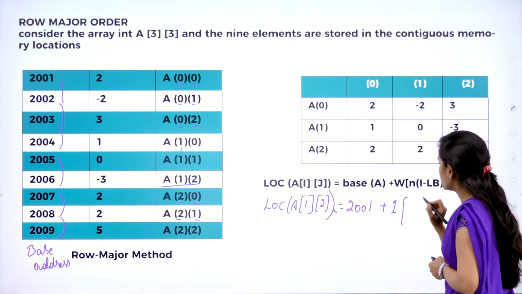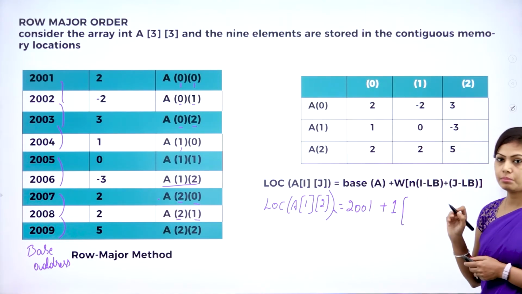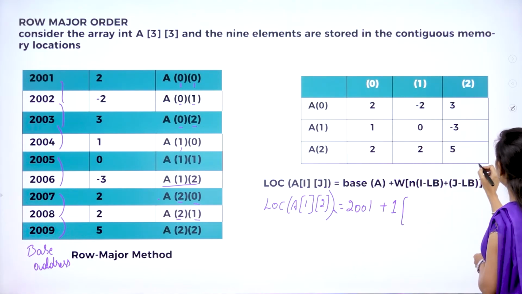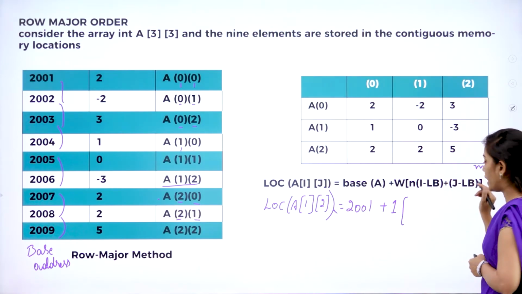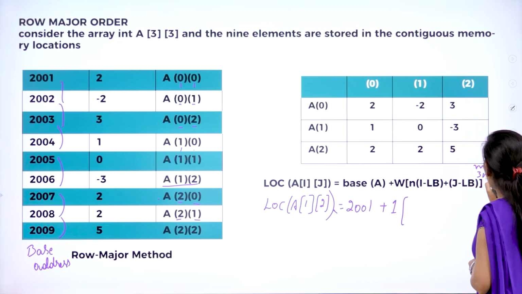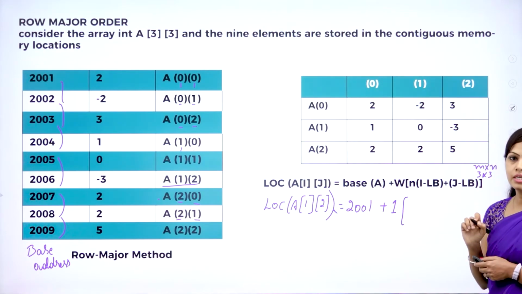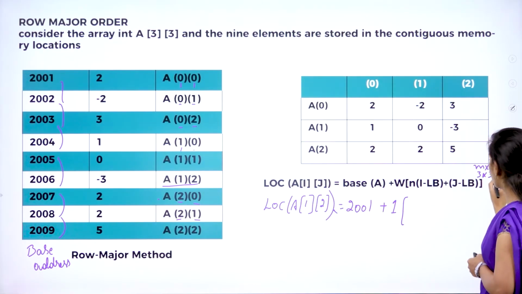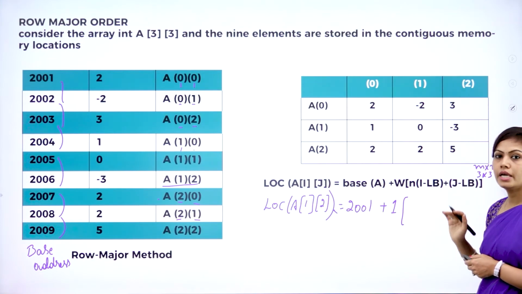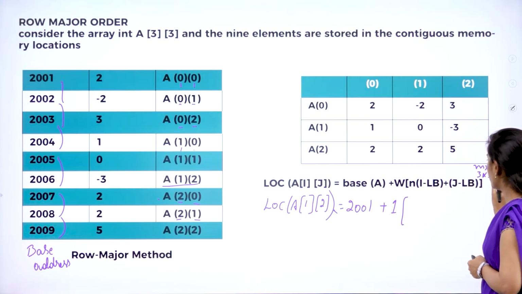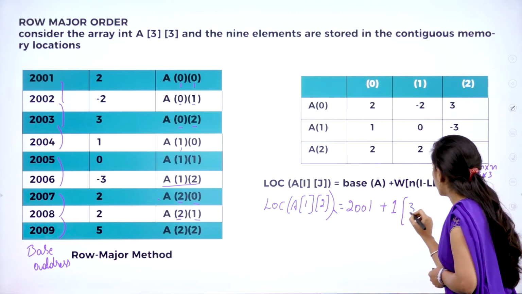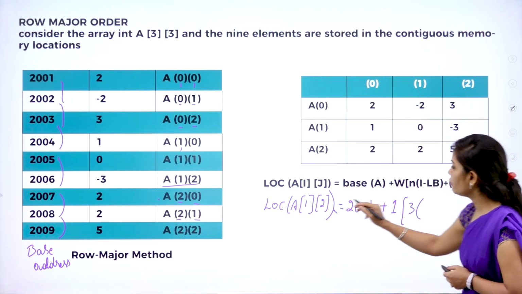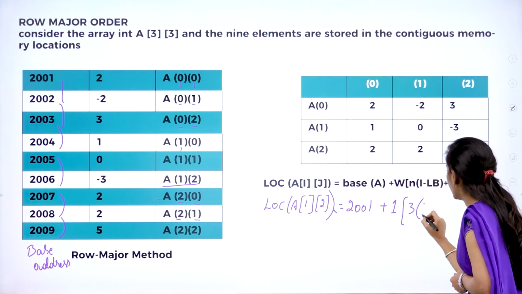And what are N and M? N and M are the order of the matrix, M cross N. It is a 3 cross 3 matrix. So, M is equal to 3 and N is also 3. Then 3 into I, I value I have taken as 1, minus LB.